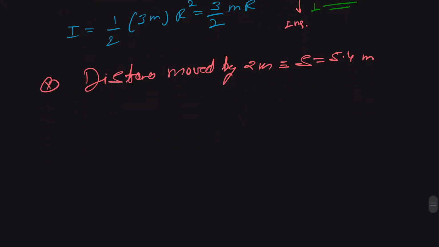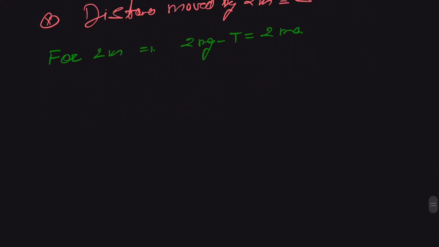For 2m we can write the equation 2mg minus T1 equals 2ma, and for m, T2 minus mg equals ma. Sorry, these are T1 and T2, my mistake.